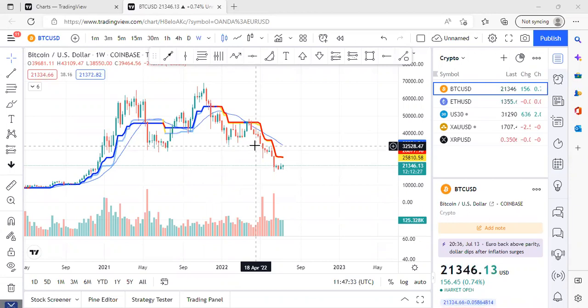Today in today's class, what we'll be looking at is the risk management you need in Forex trading.